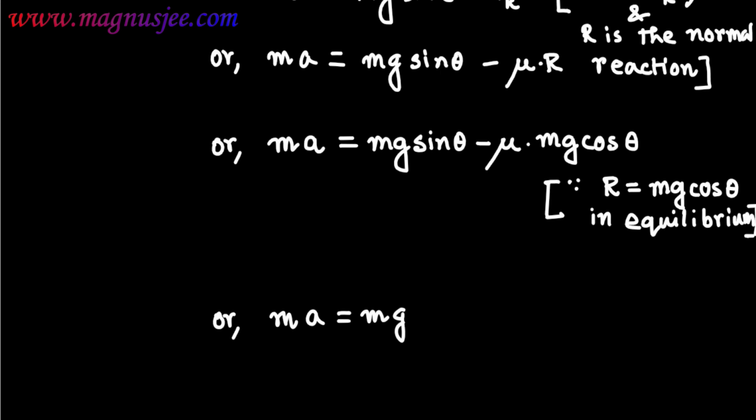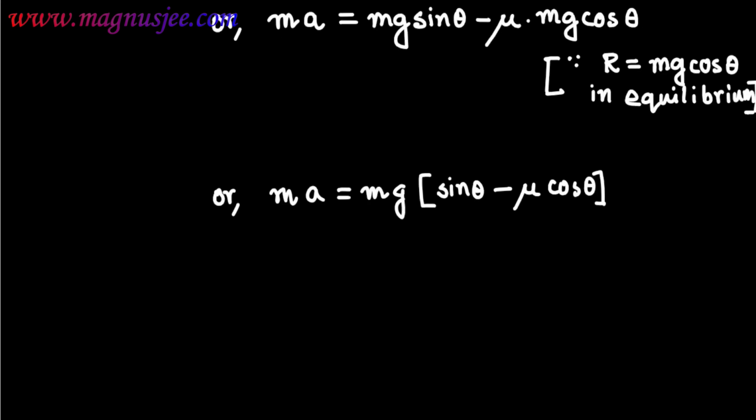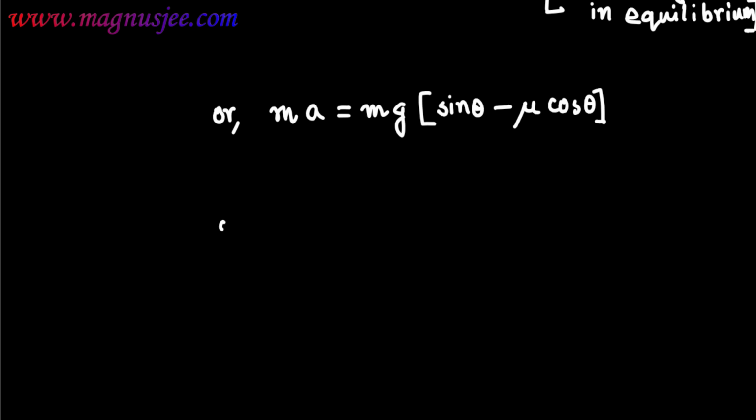Hence ma equal to mg, taking mg common, under bracket sin theta minus mu cos theta, where mu is the coefficient of kinetic friction. Therefore a equal to g bracket open sin theta minus mu cos theta.